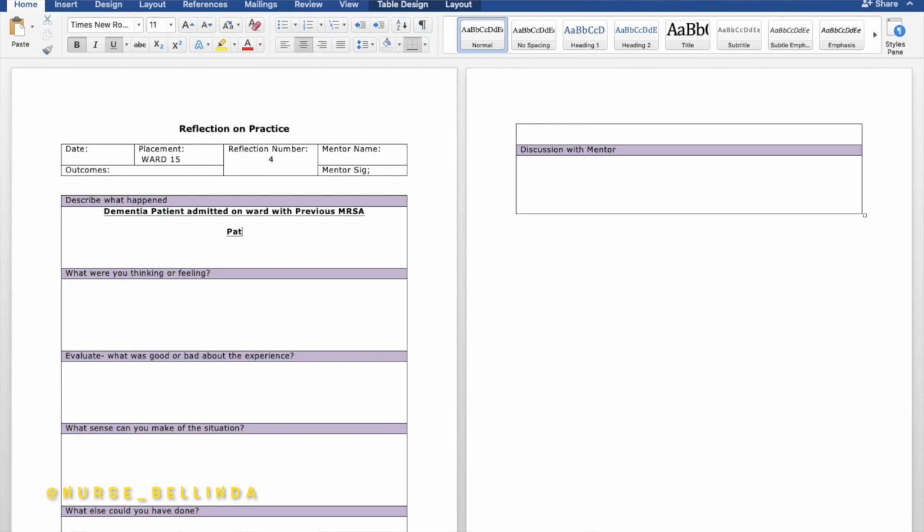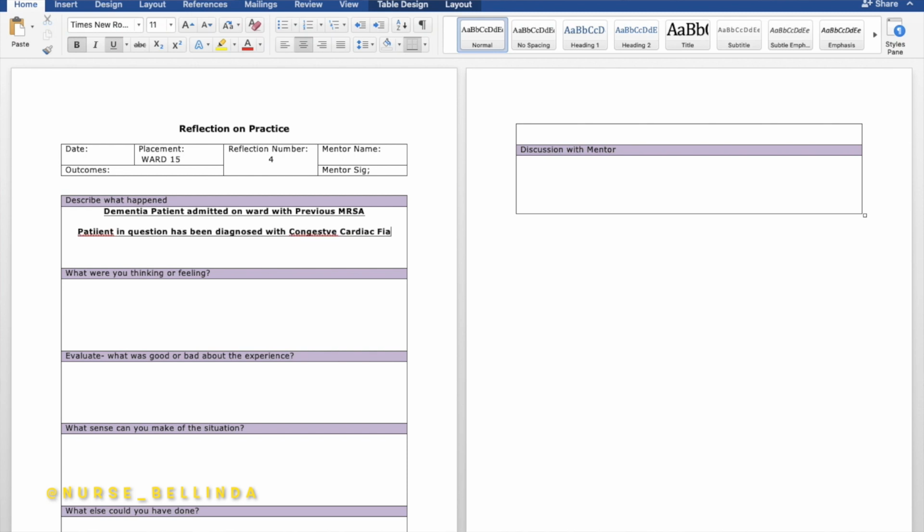So I would say let's start off with: patient in question has been diagnosed with CCF, congestive cardiac failure.